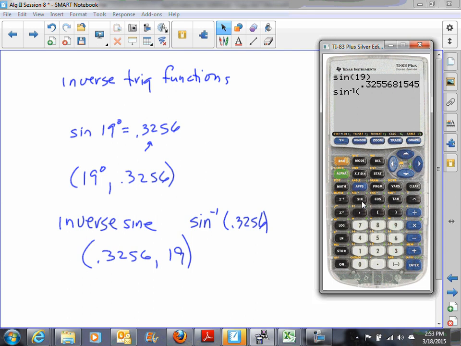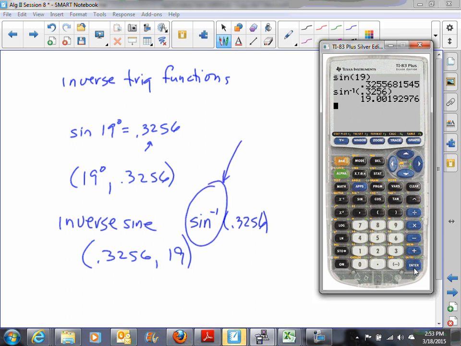Okay, now I'm going to type in 0.3256. Now that's not going to give us exactly 19 because I didn't use all of the number, but it's going to give us something pretty close, 19.001. Now, sine inverse, you can read this, the angle whose sine is 0.3256.